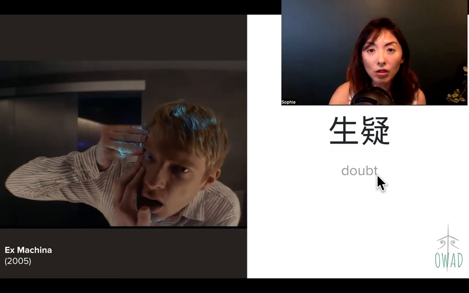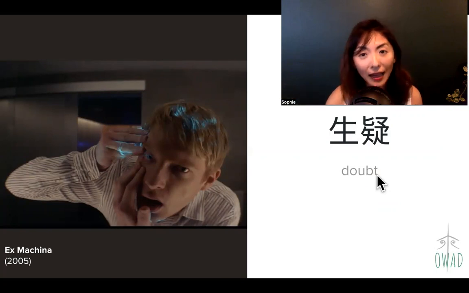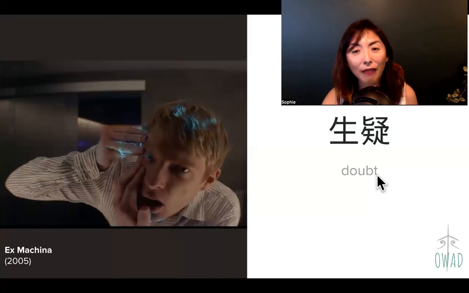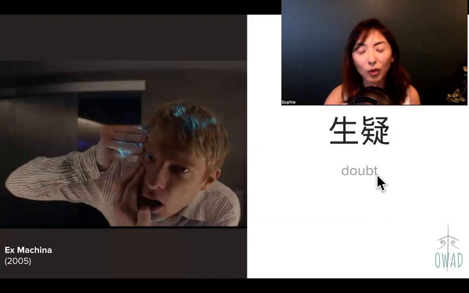So that's 生疑. And again, I'm using the Ex Machina scene of this Caleb character. He starts to have doubt whether he's a bot or human. After talking with the bot a few days, he starts to wonder if he is in fact made of machine. And that is a good depiction of 生疑.